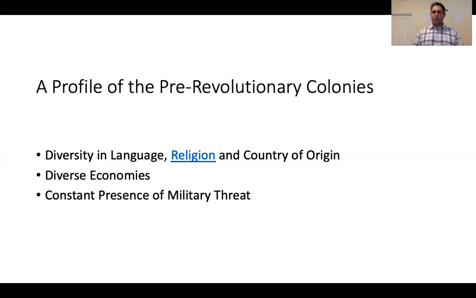Finally, I'd like you to appreciate that the colonists lived under constant presence of military threat. First, threats from European actors. So the colonial governments in the southern United States, Georgia, South Carolina, for example, were adjacent to Spain, certainly attentive to Florida, Spanish presence in North America.